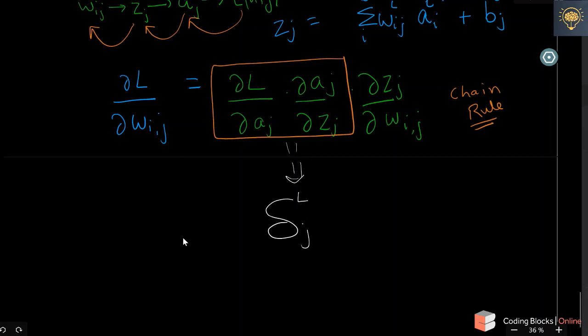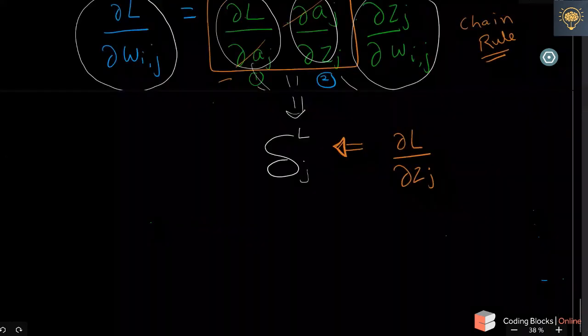This is a very important notation here, so remember it. Delta^L_j is nothing but, if you just cancel these terms, the derivative of L with respect to Z_j: how the loss is changing according to Z_j.